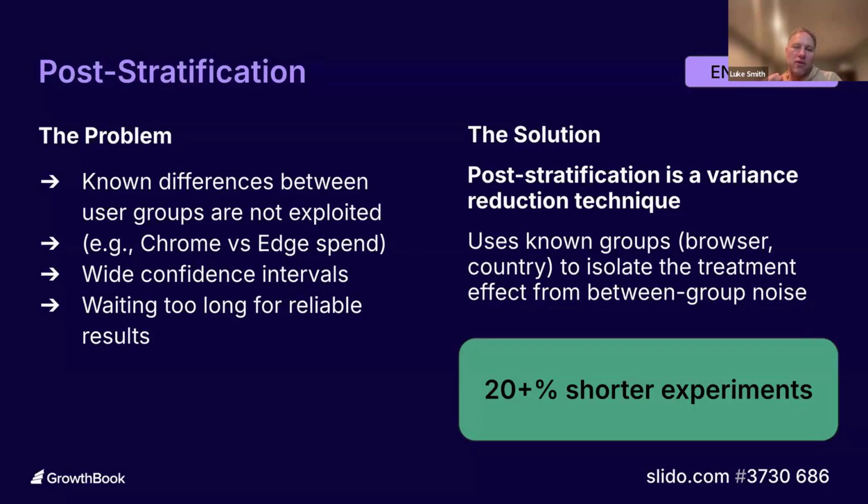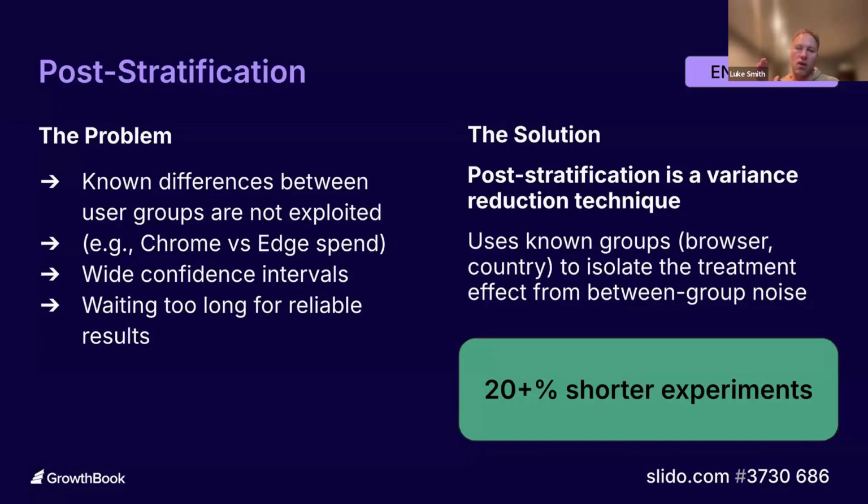And now we're able to better do that. So as an example, suppose that you know that Chrome users spend more money on your platform than Edge users do. Then now we're able to leverage that information and give you more information faster.